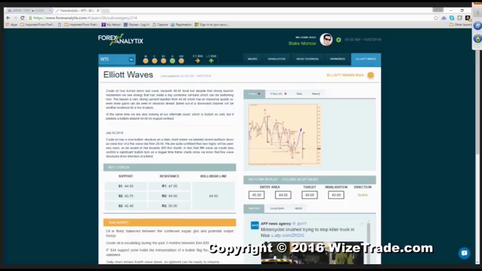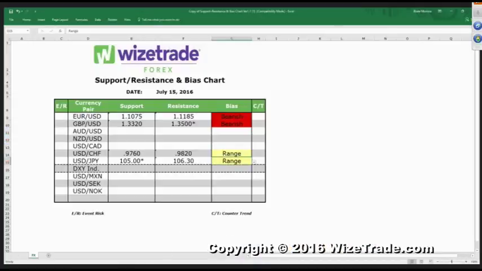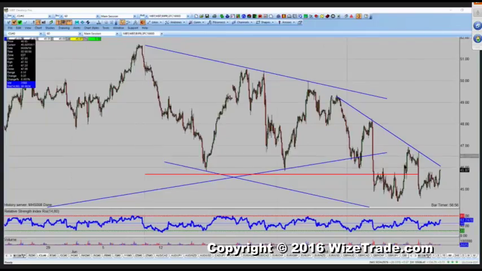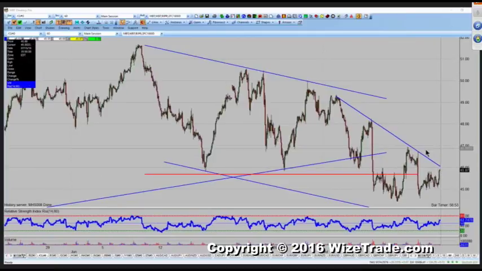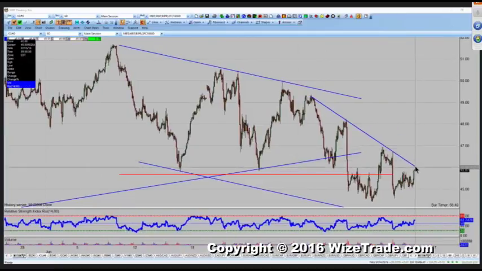But this is where the rubber meets the road in crude. In order for us to get up towards 49, we actually have to break through here. If that happens, the dollar Canadian is probably going to break below 128. I would make that assumption.